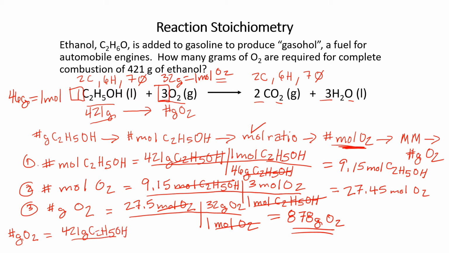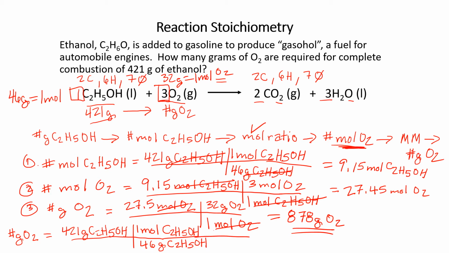All right. And I'm going to multiply times 1 over ethanol's molar mass, so that'll be moles of ethanol per number of grams of ethanol, which is 46 grams.